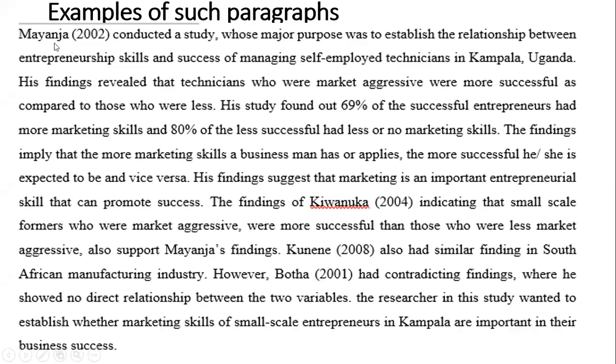There is a sample here. I want you to look at this sample and try to identify the key features of an empirical review paragraph we have talked about. When you do that, I will know you have understood. For me, when I am assessing, I'm evaluating whether you have understood.